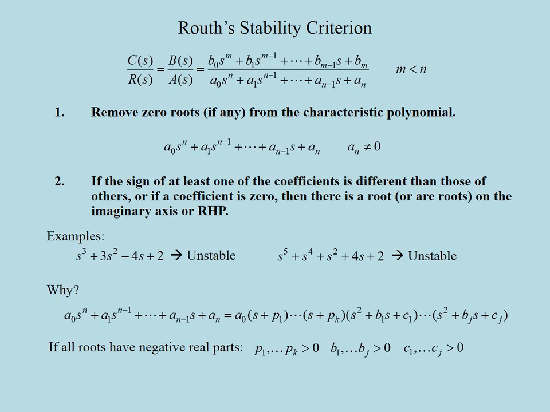Finally, the B coefficients are given as minus 2 times the real part of each root. So if the real parts of complex roots are on the left half plane, B1 to Bj are also positive. Therefore, the sign of the coefficients a1 to an is determined by the sign of a sub 0, and the signs of all coefficients are the same if the roots are on the left half complex plane.